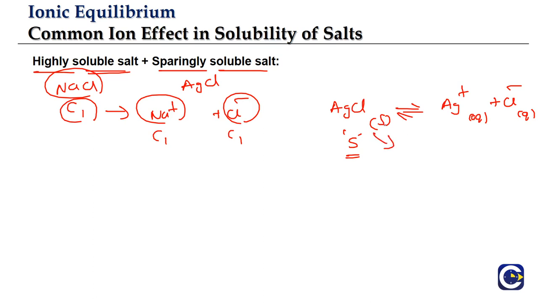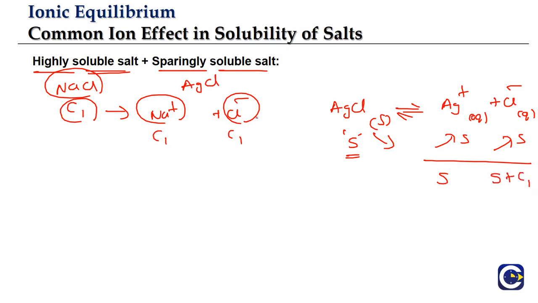So if S is dissolved, then the amount of Ag plus that is going to come is S moles per liter. The amount of Cl minus that is going to come will be S moles per liter. So the final ion concentrations will be: Ag plus will be S, but Cl minus will be S plus C1.